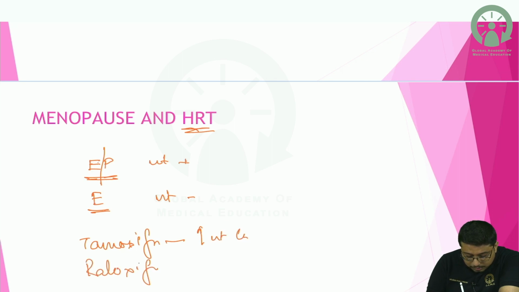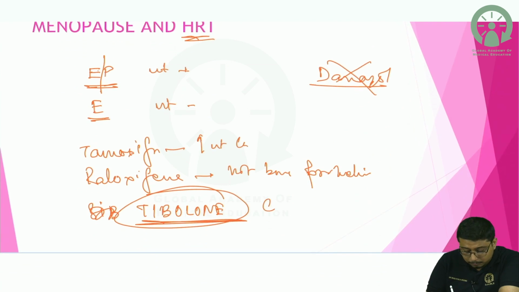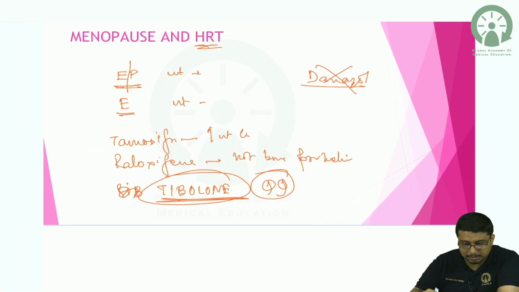Raloxifene can be used, but it is not bone protective. And new drug is tibolone. One more drug was there, danazol. It is no longer recommended. So new drug is tibolone. Tibolone is one of the most important drugs right now in the management of postmenopausal syndromes.